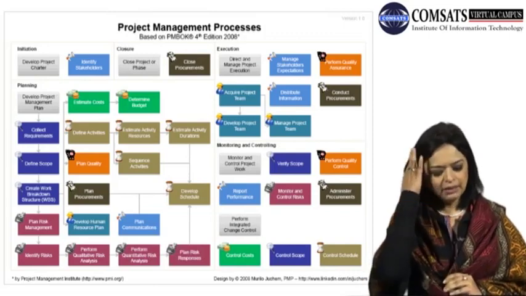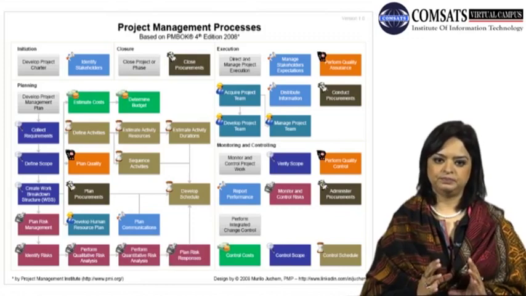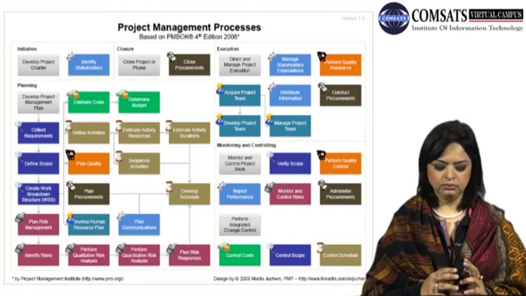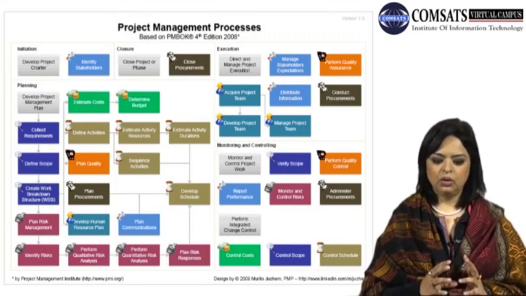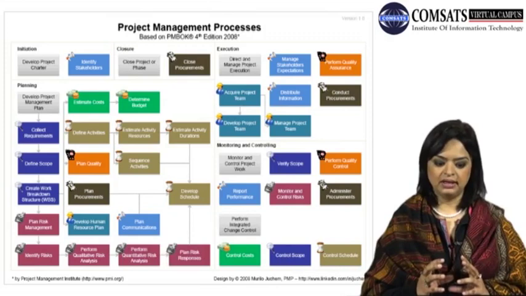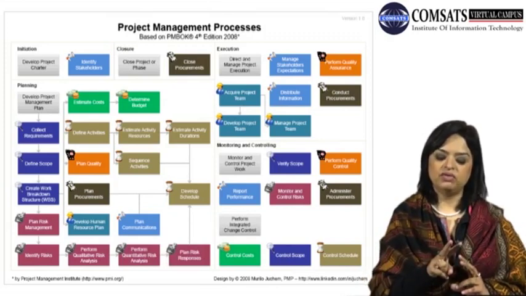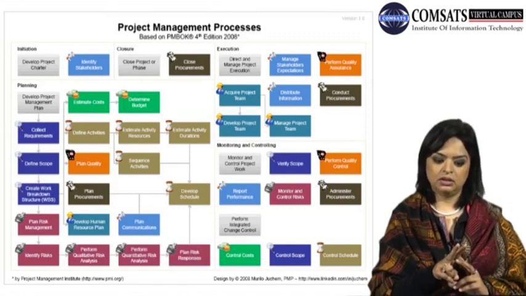I cannot lay more emphasis on the importance of this particular slide than what I've already done. This is one way of showing you which phase each of those processes are laying. So the initiation phase has 2 processes.